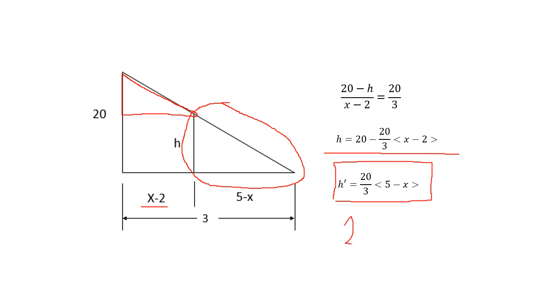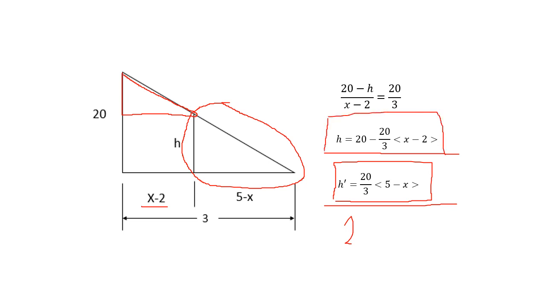Just imagine you have to integrate 20 over 3 times 5 minus x times x minus 2. What would you have to do? You would have to multiply 5 minus x times x minus 2, and that kind of nullifies the effect of your discontinuity function. So, again, I repeat, do not use this representation. We use this one.